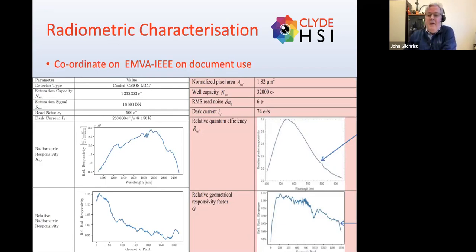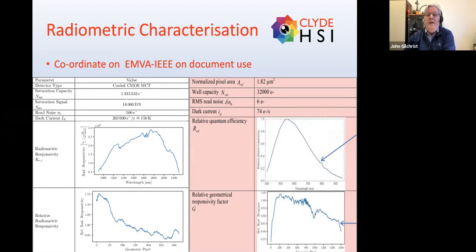And particularly EMVA 1288 has many parameters and many definitions and a very clear radiometric model for their sensors. So by working with them, we are able to piggyback on top of what is already an established industry standard for machine vision cameras. And that's really super good news.